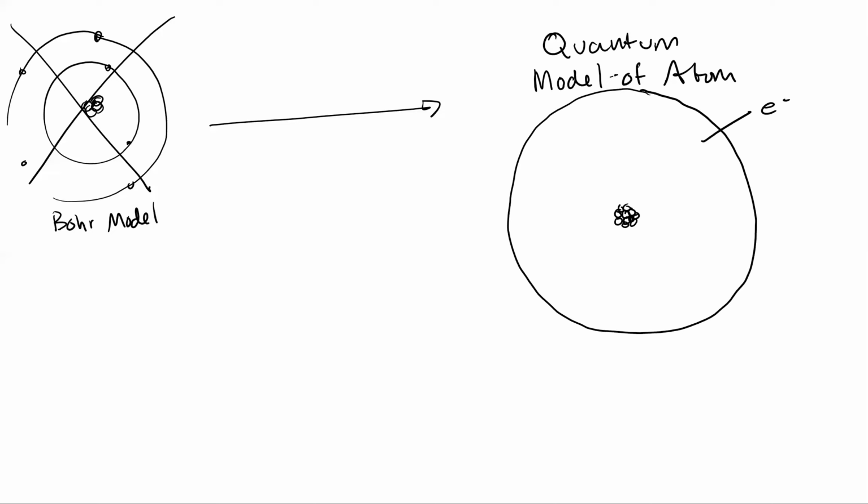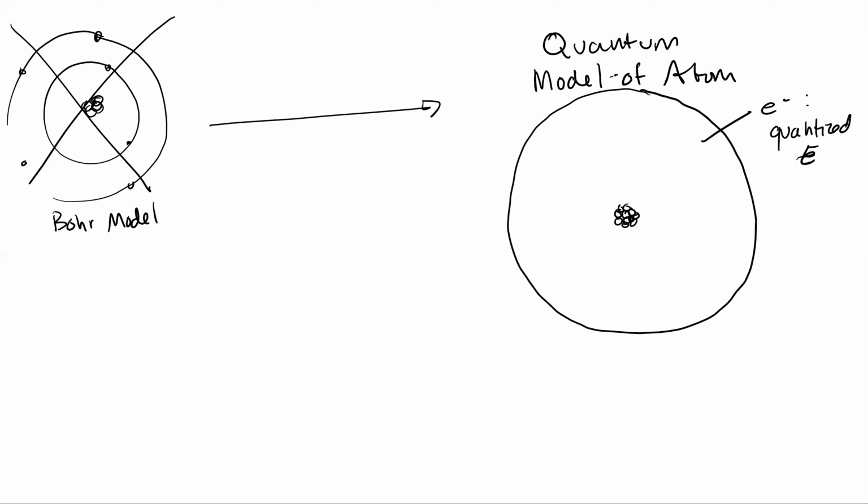And they're not smattered around it like chocolate chips in a cookie, and they're not in orbits around the nucleus as a planet, but they are quantized in their energy levels. But they aren't orbiting. They aren't in these fixed pathways around it.